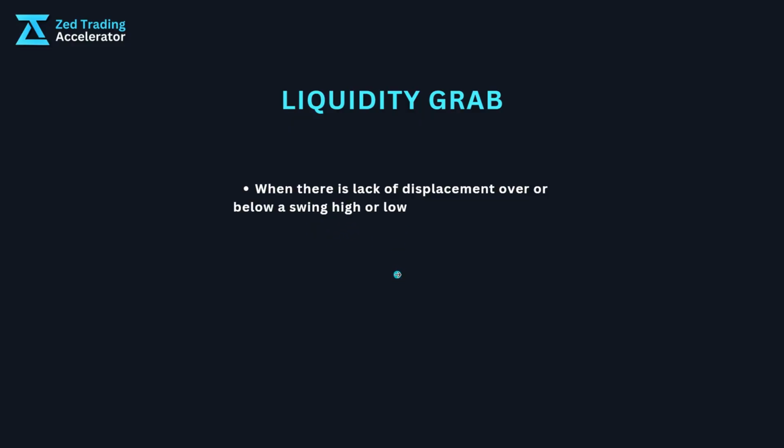But for our liquidity grab, it happens when there is a lack of displacement, right? I hope you are seeing where this is going. And here we have no candle body close. Unlike on the market structure shift, for a liquidity grab, we have no candle body close.